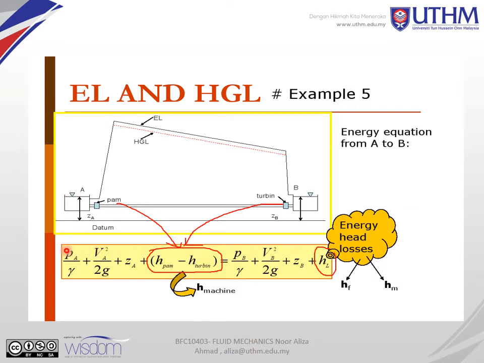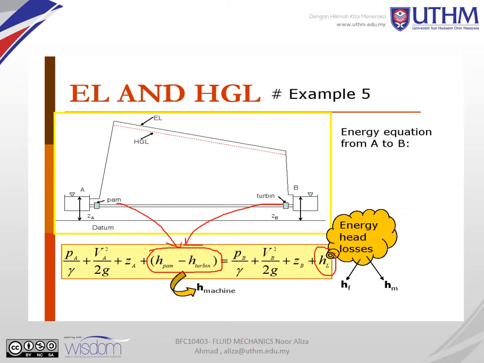In chapter 5 we also use the same equation, but if we have a pump and a turbine, you use the head of the pump and the head of the turbine. HL is the energy head loss.